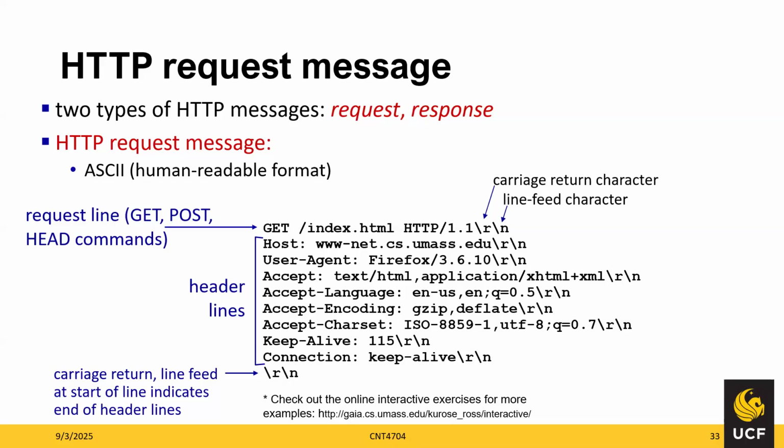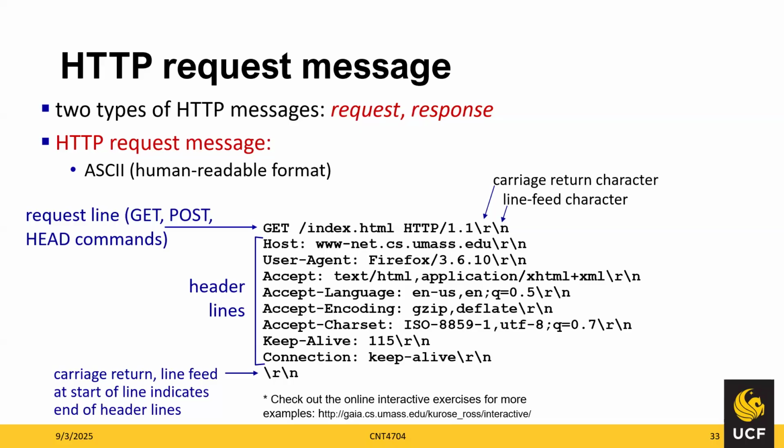The preferred language is also there, en-US. I think that's standard for English, and whether the connection should stay alive or not. This is the idea of persistent. When we talk about persistent, the connection is alive. Non-persistent, it is not alive.